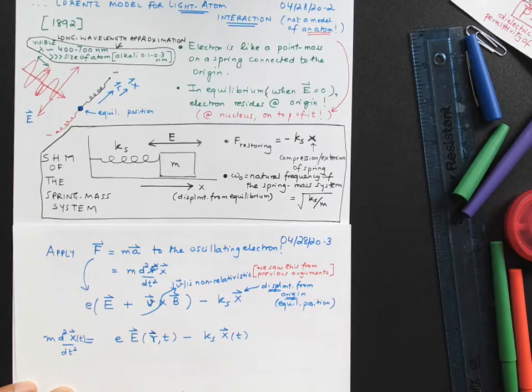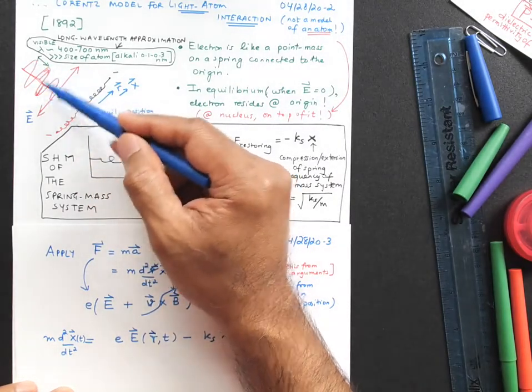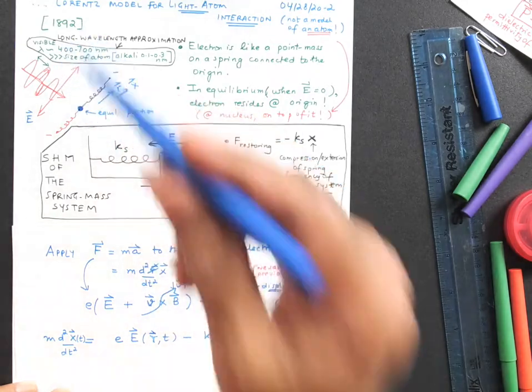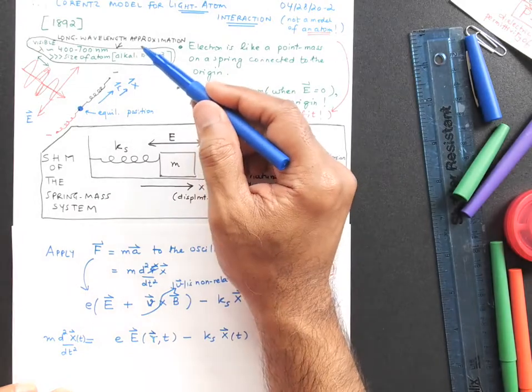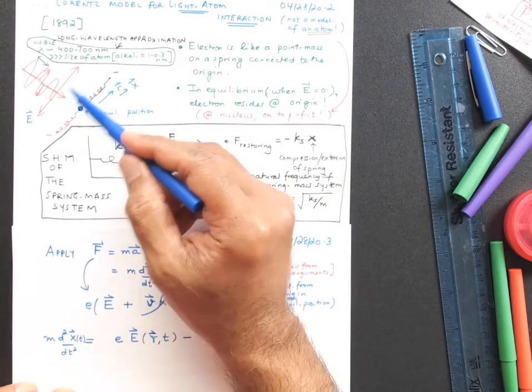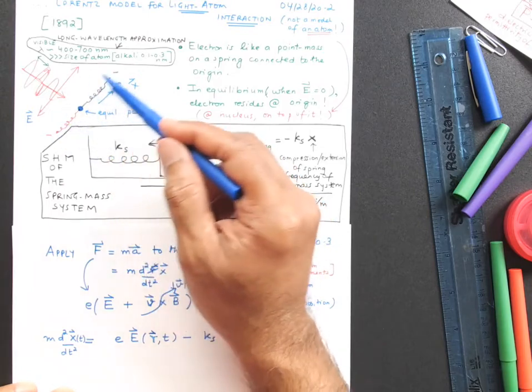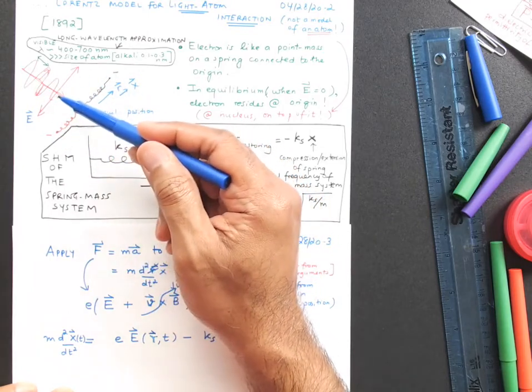Okay, that's the electric field coming in, a function of r, space, and time. The next thing I'm going to say is that because of the long wavelength approximation, over the extent of the atom, the electric field does not have any spatial variation.